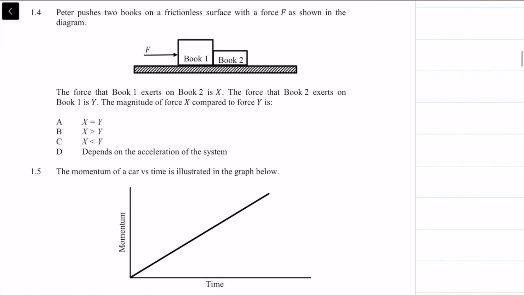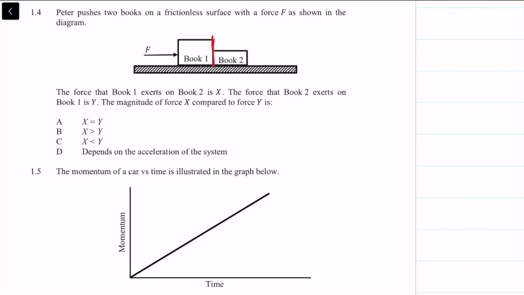Peter pushes two books on a frictionless surface with a force F as shown in the diagram. The force that book 1 exerts on book 2 is X. The force that book 2 exerts on book 1 is Y. The magnitude of the force X compared to force Y is, basically what we're looking at is the forces acting in between here.